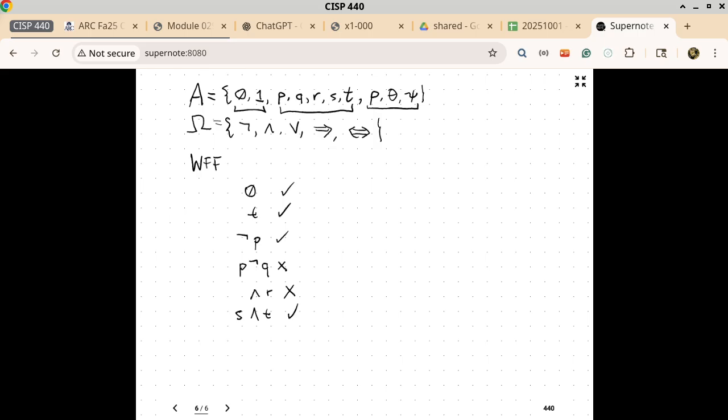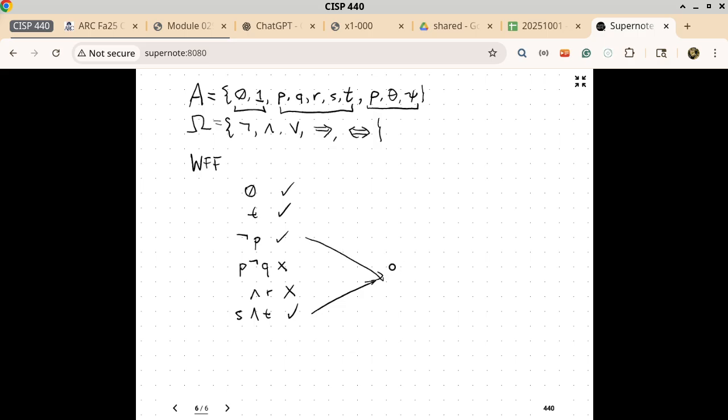So now we go recursive. I think I know how much you guys like that word, recursive. So can we take two things that are already well formed and make something bigger that is also well formed? Exactly. That's exactly the point. Take this one and this one over here.